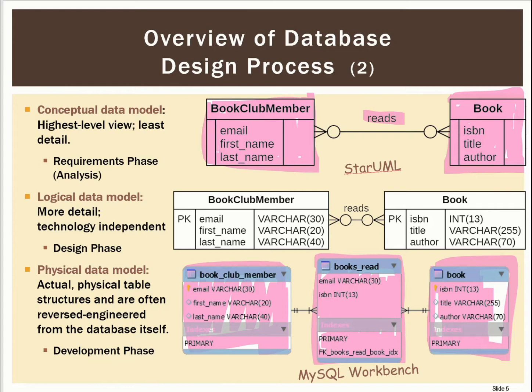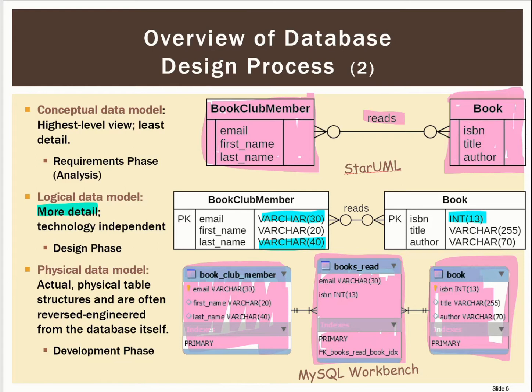And then finally, we have something in the middle. We have the logical model. And again, logical models don't have strict rules. A logical model essentially just has more detail than the conceptual model. And here we can see that the email is going to be a character of length 30, the last name varchar or character of length 40. Here we're going to see that the ISBN number is an int with 13 digits.